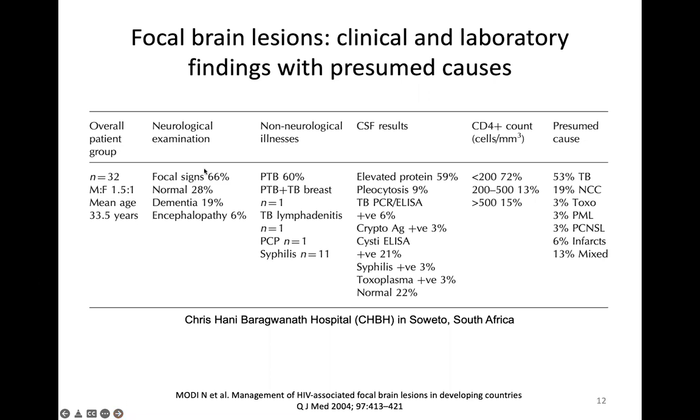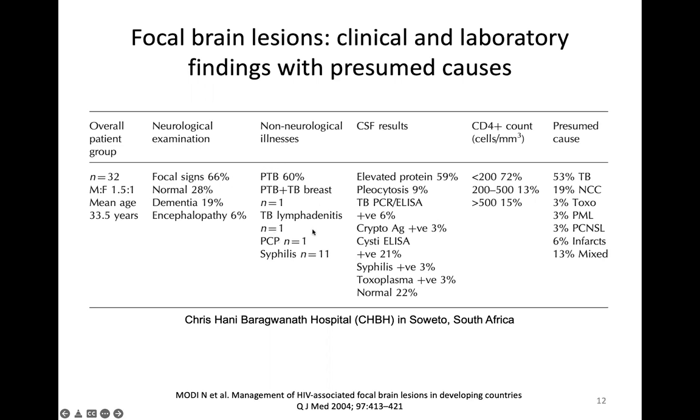And what is quite important here is to note that on examination, 66% of patients had focal signs. So focal signs are quite common with focal neurological lesions, but equally, almost a third of patients really had normal physical examination, right?